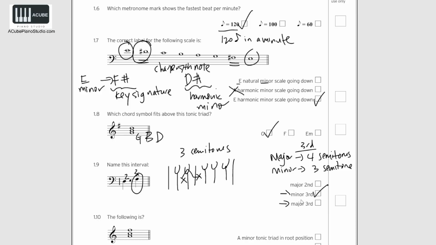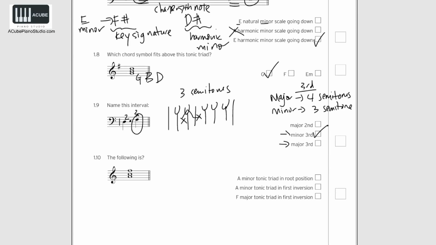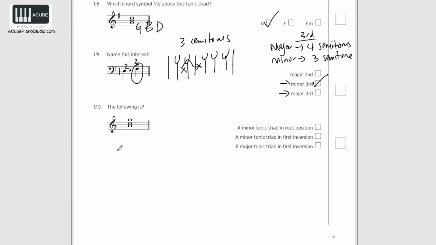Okay, let's move on to this. So if you have a tonic triad in root position, they must be stacked on top of each other, right? But this one apparently is not stacked on top of each other. They are not a third apart from each other. So therefore it is definitely not root position. Okay. Now let's take a look at what notes there are here.